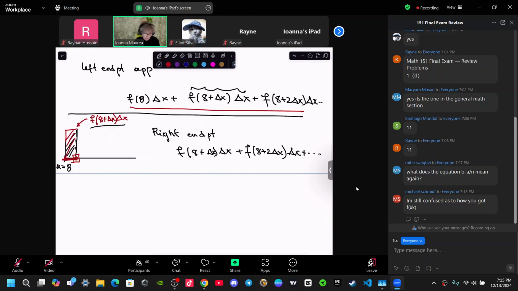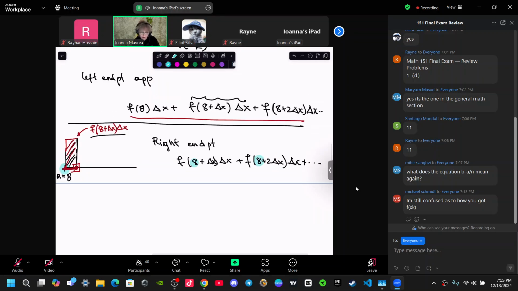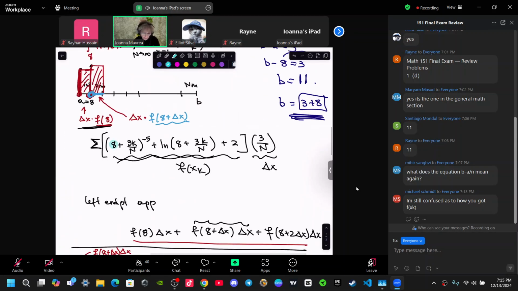Regardless, since you know 8 is your leftmost endpoint, you try to find the 8 in that formula. So here it is. Here's the 8. Here's the 8. And here's the 8 in the formula they gave you. You already know this thing is your function, where somebody has taken the x and replaced it by different values.